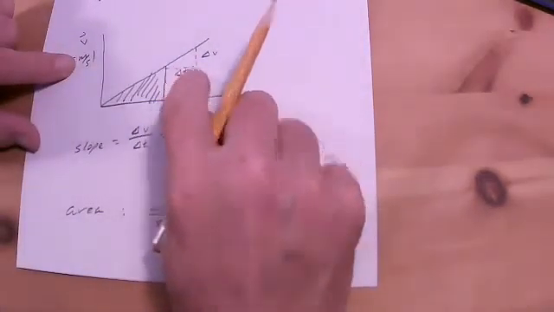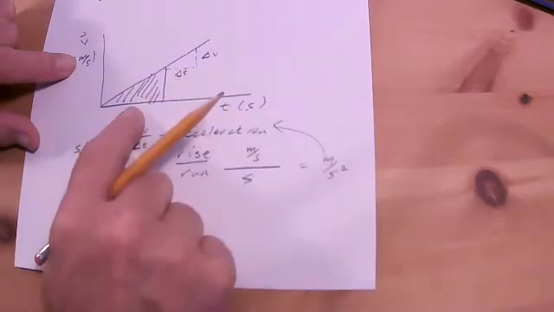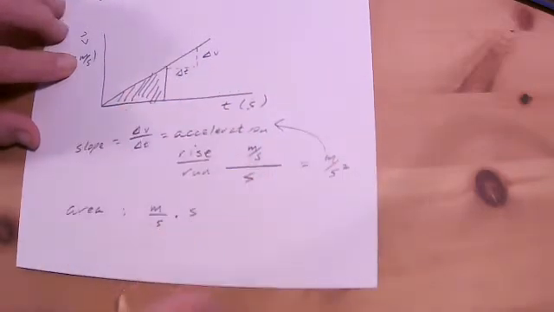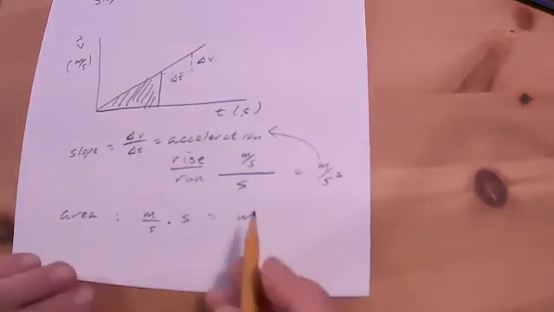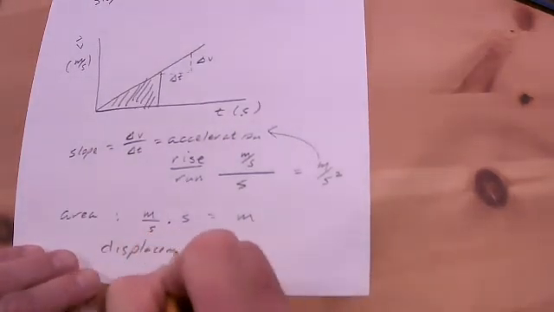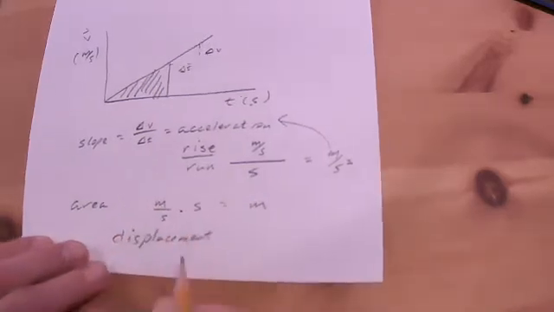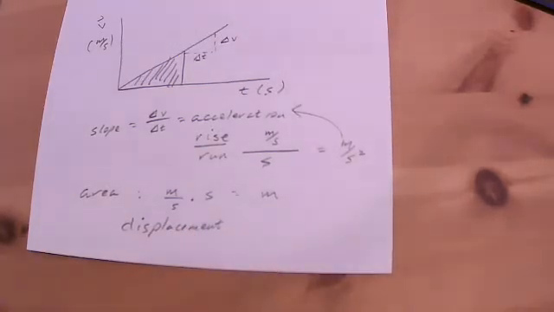The length, call it, is measured in meters per second, and the width is measured in seconds. Multiply them together, and what do you get? You get meters, which is a unit of displacement. So the area under the curve of a velocity time graph indicates displacement. Now, number 9 actually says the area under the curve of a velocity time graph indicates displacement or distance. And that's choice A.